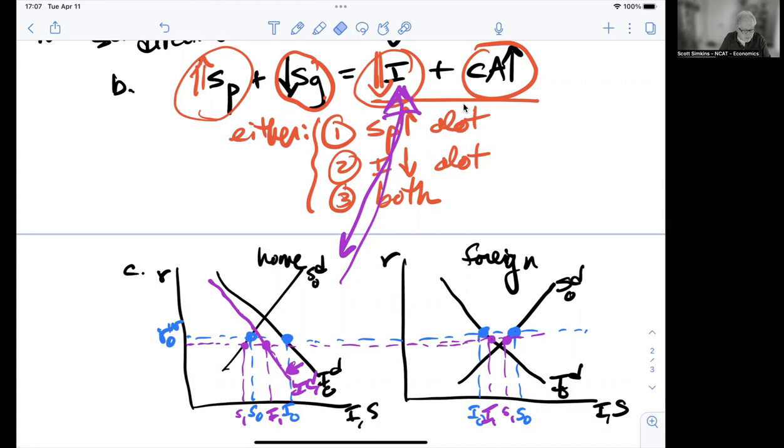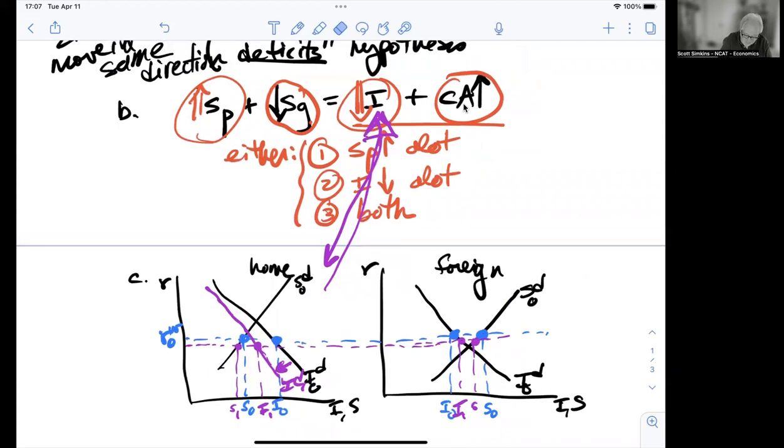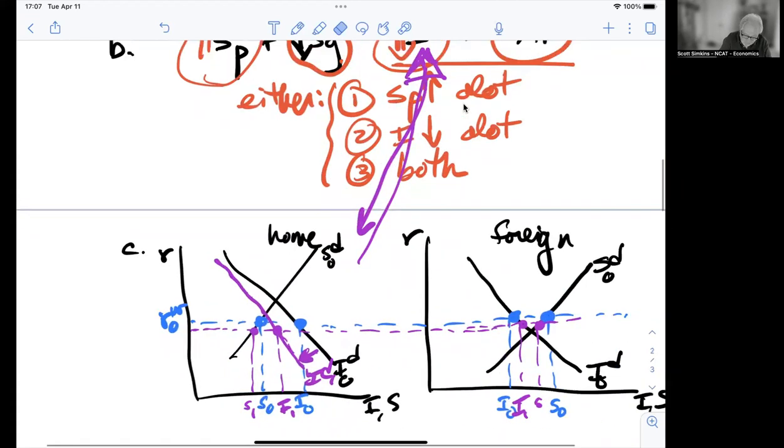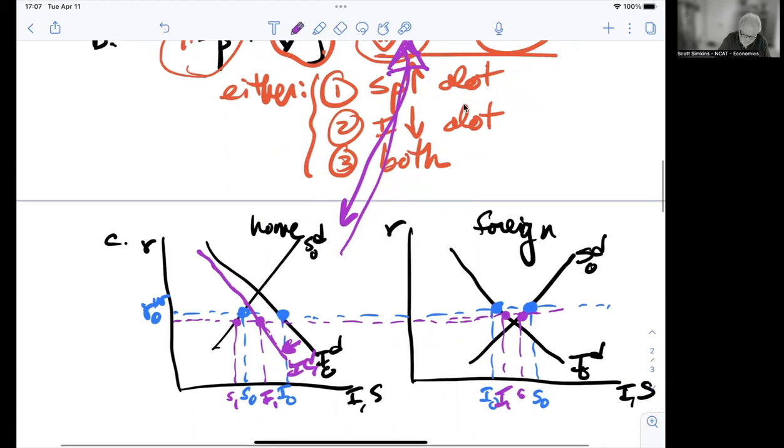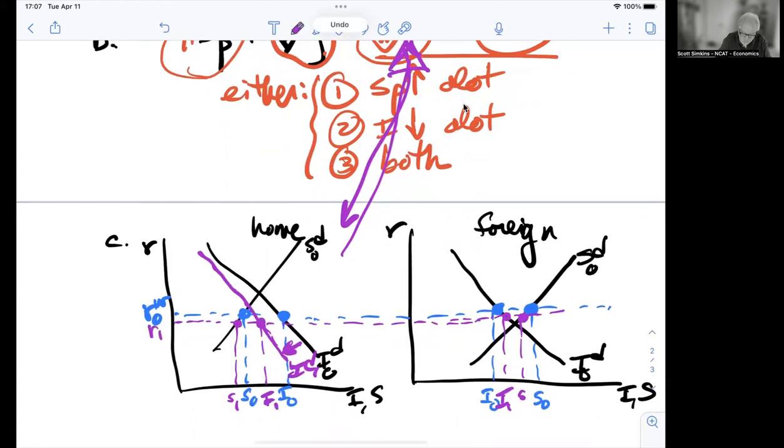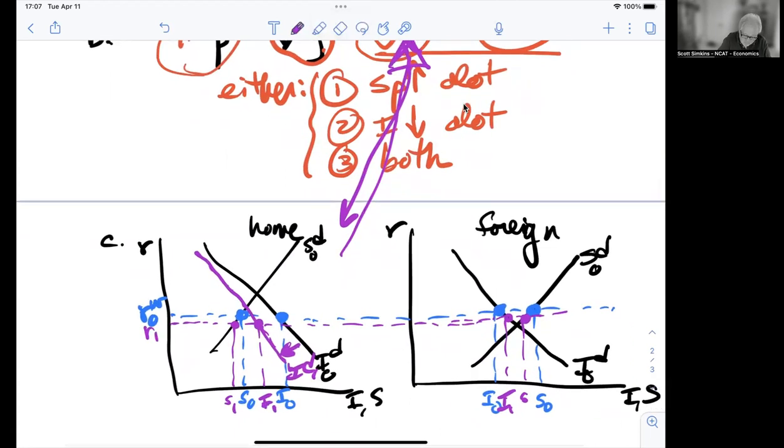The real interest rate is going down, right? This is the new interest rate.